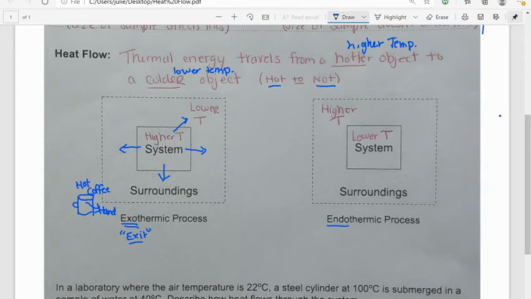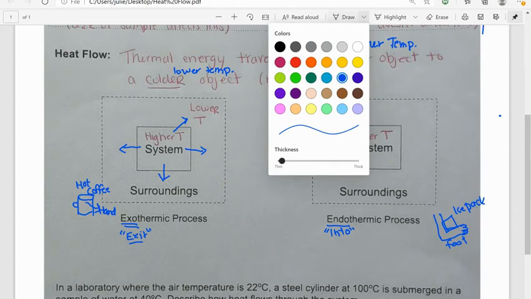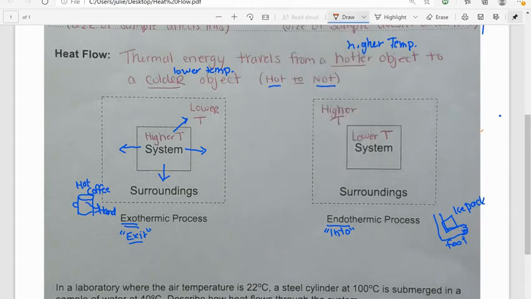In an endothermic process, think of energy going into the system. This would be like a foot, and you get injured and you've got to put an ice pack on it. So this would be an ice pack, and this would be your foot. If we place this ice pack on there, it's not that the ice pack is giving off coldness, it's that energy is going to move from your foot into the ice pack.